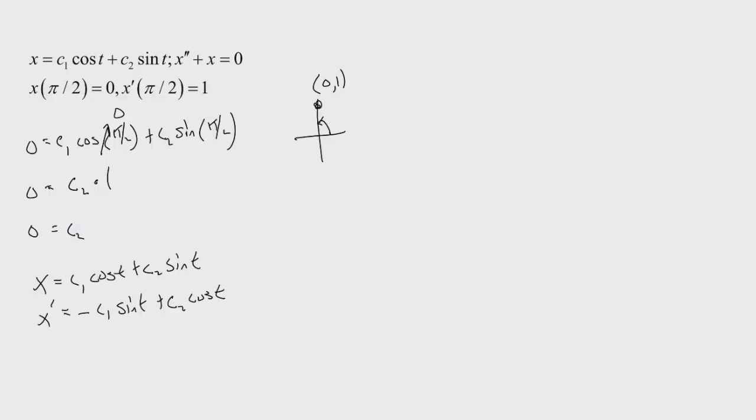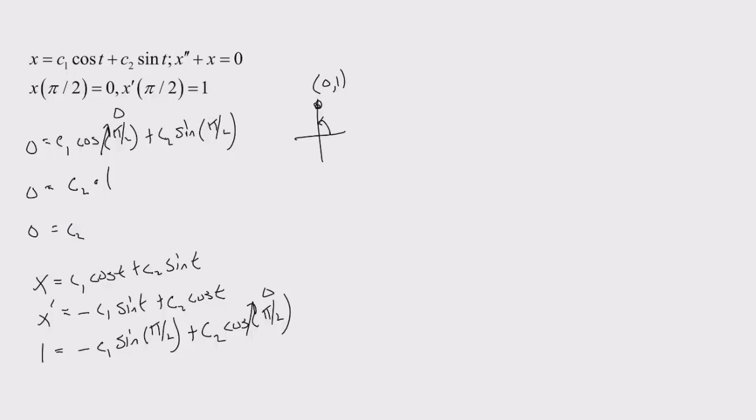So that says, let's see, 1 equals negative C1 sine of, and I'm going to put a pi half in here again, so sine of pi halves, plus C2 cosine of pi halves. All right, well that goes to 0 here.